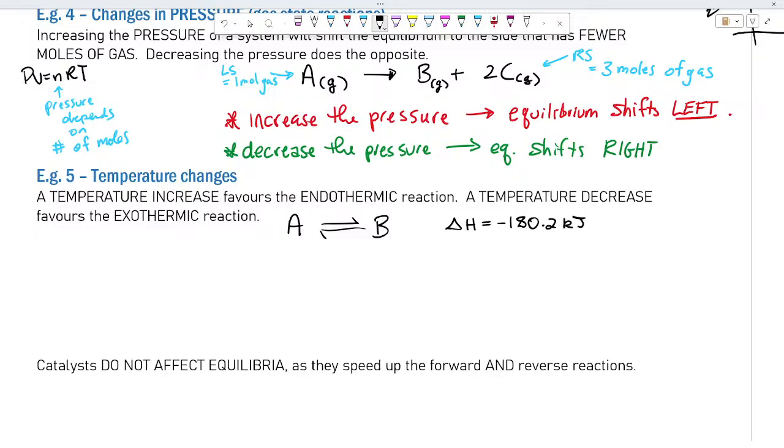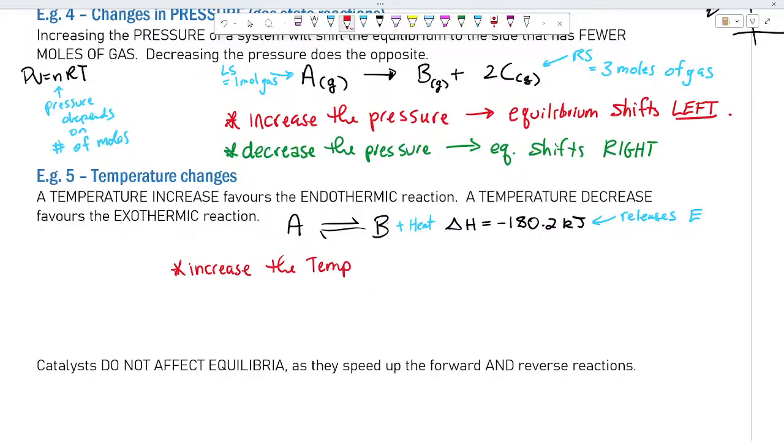Is this reaction exothermic or endothermic? Is it releasing energy or absorbing energy? Yeah, this releases energy. In other words, which side of the reaction would energy go on? Yeah, go over here. Which it might be useful to actually write in there. Does that make sense? Because when you do that, then if we said, okay, what if we increase the temperature of the system?